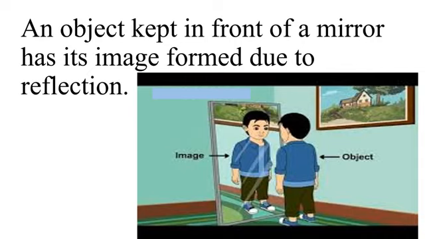Here in this diagram, we can see a boy is standing in front of a plane mirror. The boy is acting as an object, and its image which is obtained on the mirror is a virtual image.